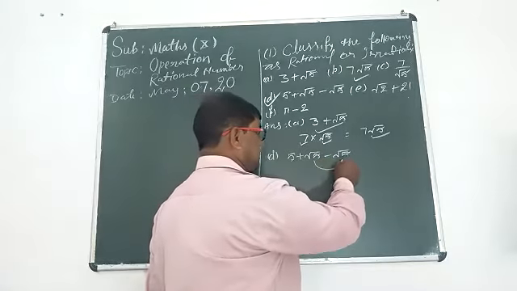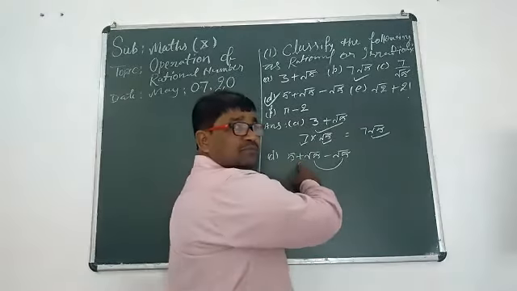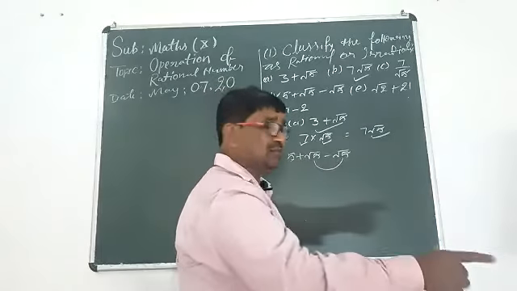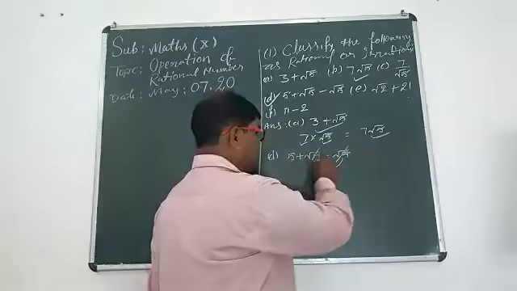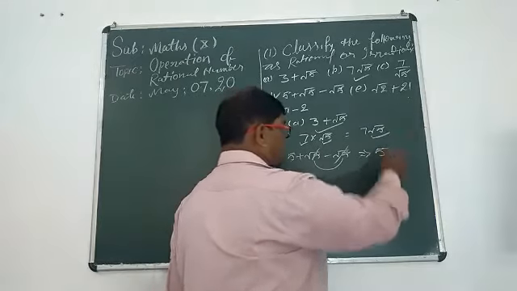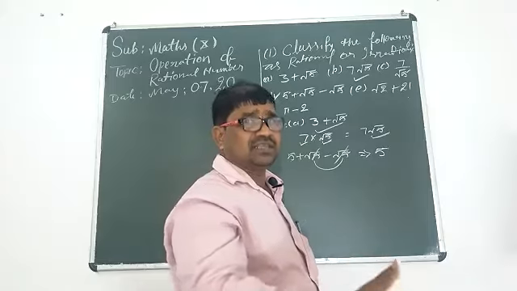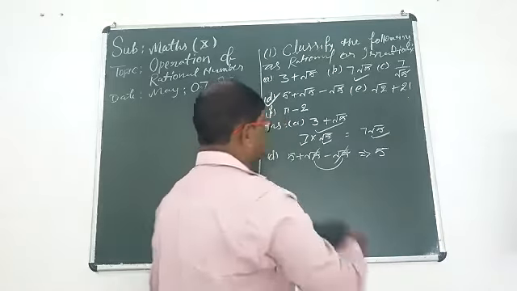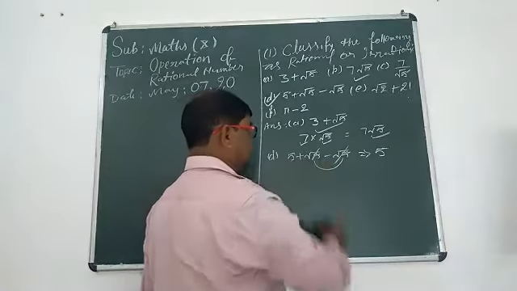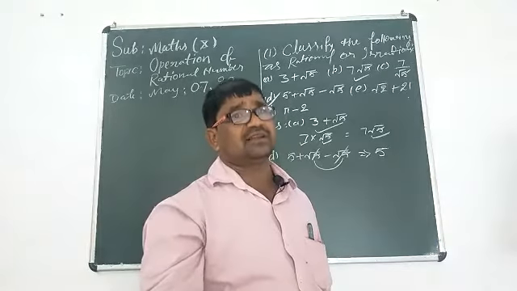These two irrationals are alike, one positive, another negative. They cancel together and we get 5. Now 5 is an integer, so it is rational. So we say 5 plus under root 5 minus under root 5 is rational.